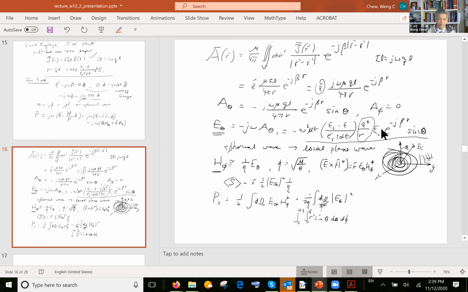If your E theta does not decay as 1/r, it will violate a very important physical principle. What is that? Does anybody know? Why does the far field of a Hertzian dipole have to decay as 1/r?